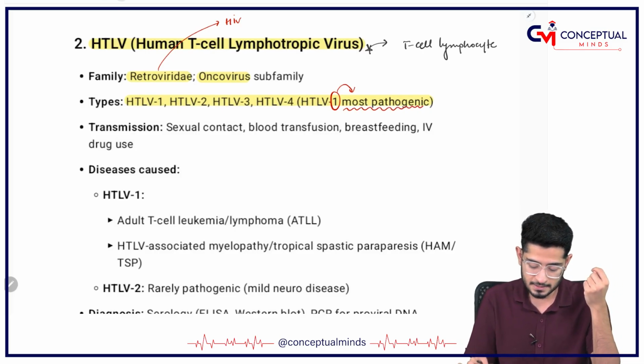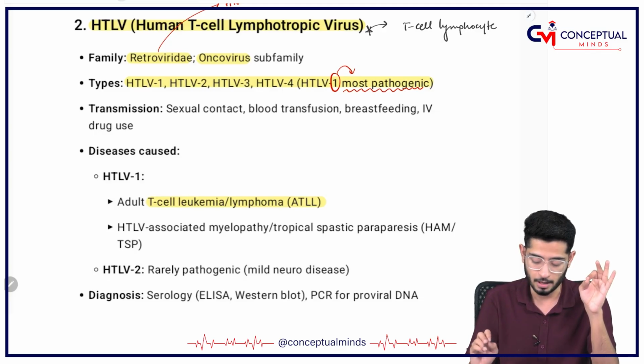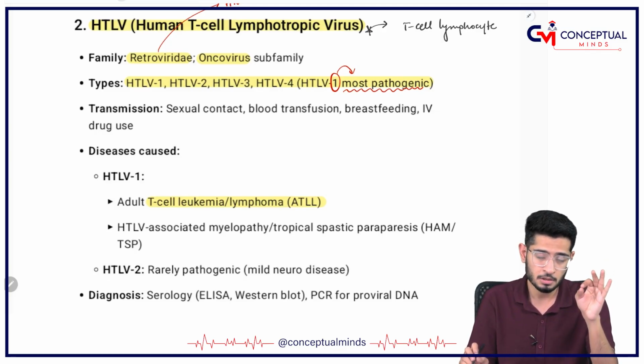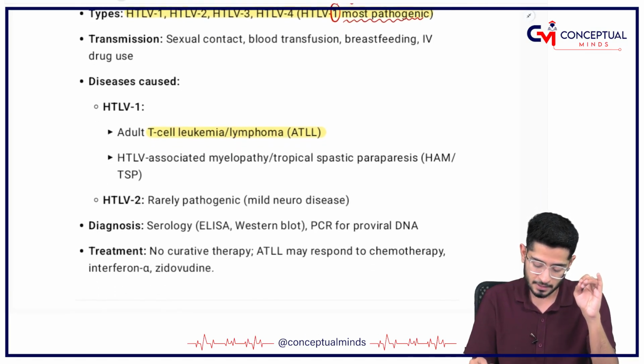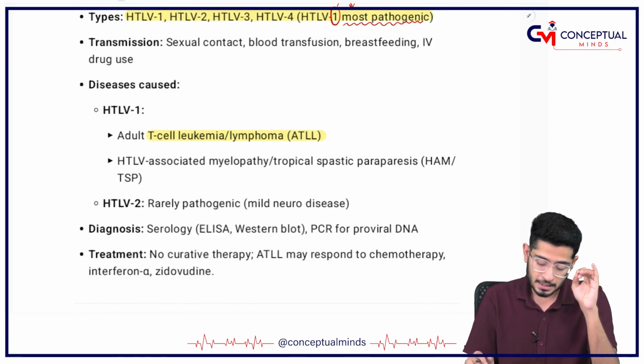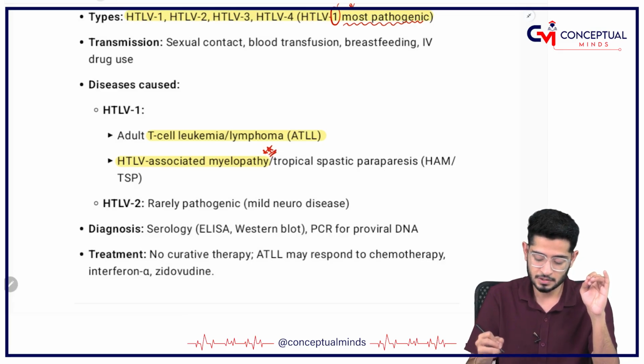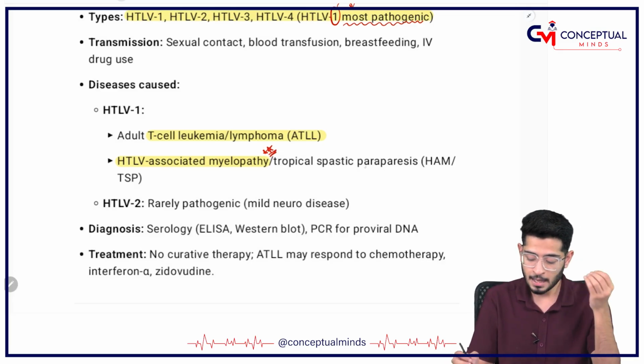It is an oncogenic virus responsible for causing T-cell leukemia or T-cell lymphoma. And the very important thing you have to remember is that it is also responsible for causing HTLV associated myelopathy, my dear friends.